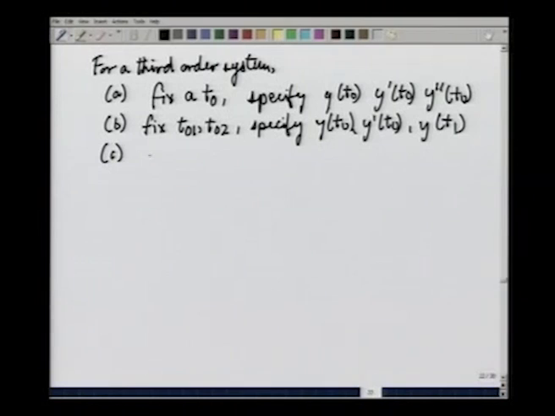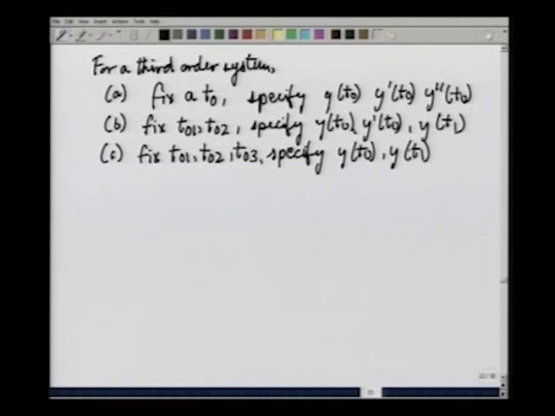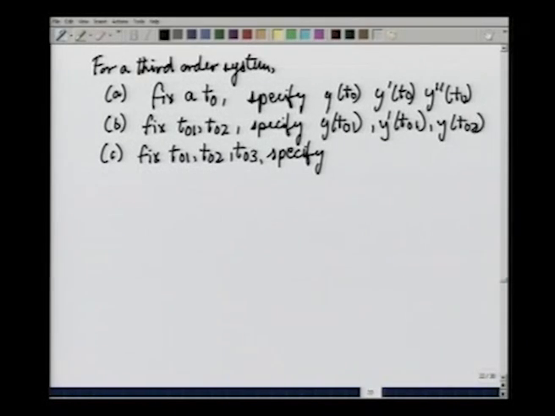Or C: fix t01, t02, t03, specify y of t01, y of t02, y of t03, and so on.